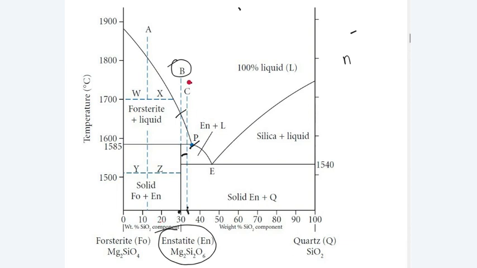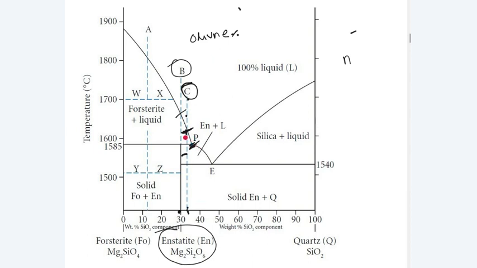But if you take another composition, at point C, now the amount of solid formed from this point to this point, that is the olivine percentage, will be lesser than SiO2.